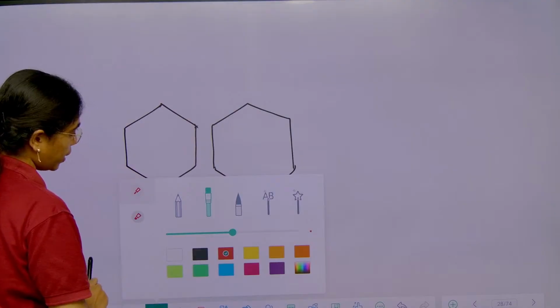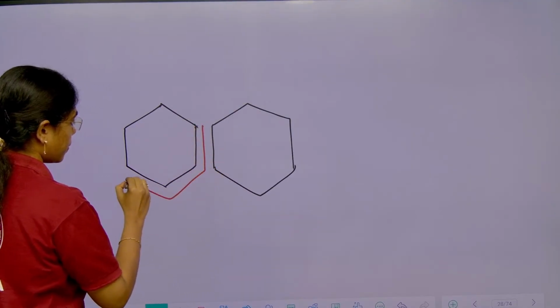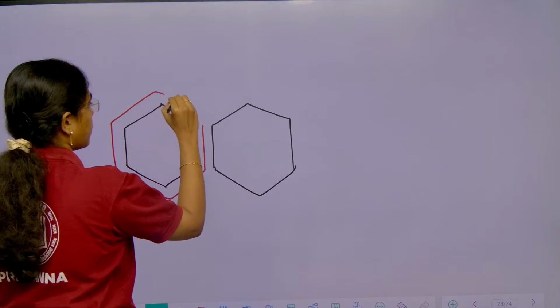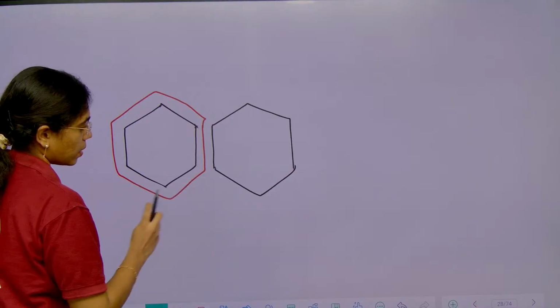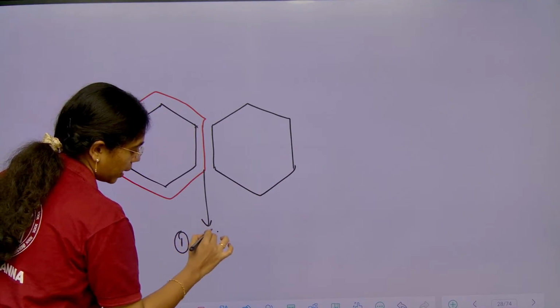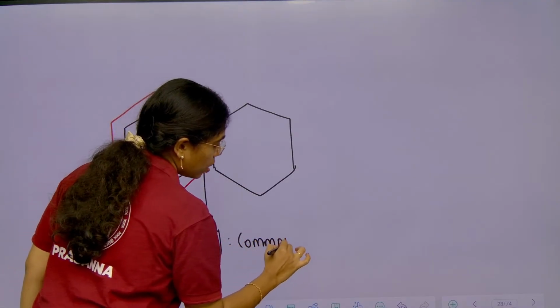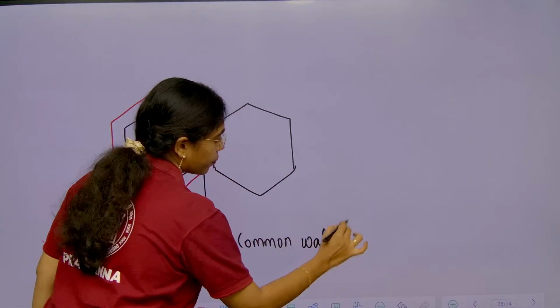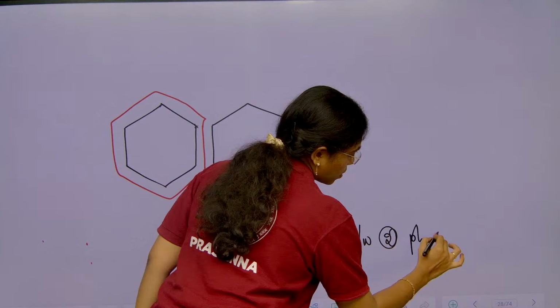Middle lamella, right? This is the common wall layer between two plant cells. First formed layer is middle lamella, which is the common wall between two plant cells.